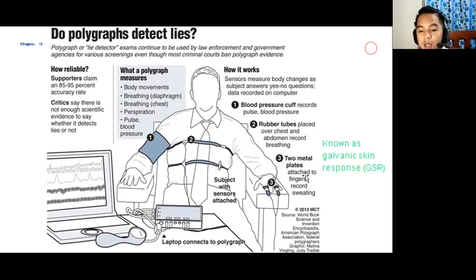So as the person releases GSR, the machine sensor will automatically detect how much the person is sweating, and it depends on the assessment of the one who administered the polygraph on whether the person is lying, according to how much the sweating or any other factor.